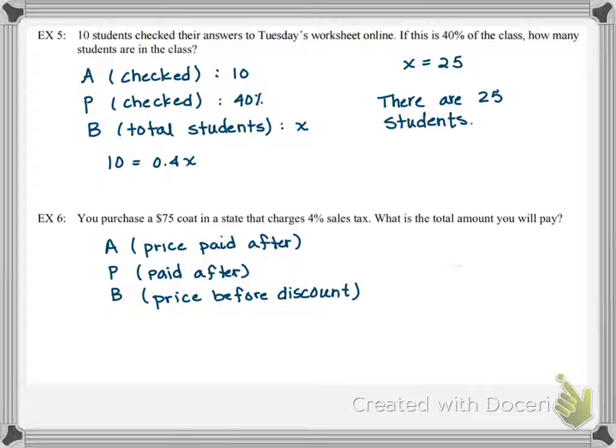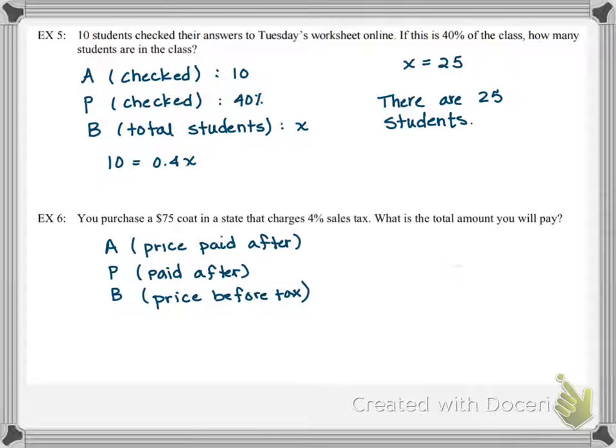So I threw that word paid in there because another way you can think about this to help yourself, it's not a discount. Sorry, I'm jumping ahead. Tax. Think about what you're actually paying for. We're paying for both the coat and the tax.